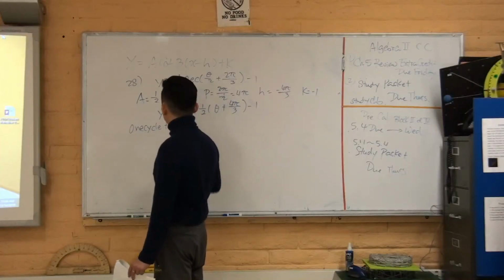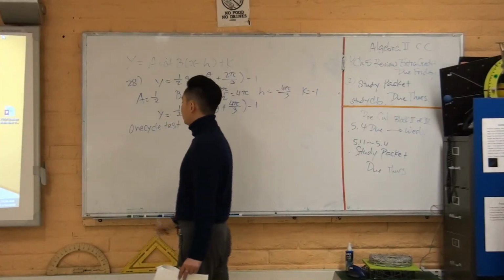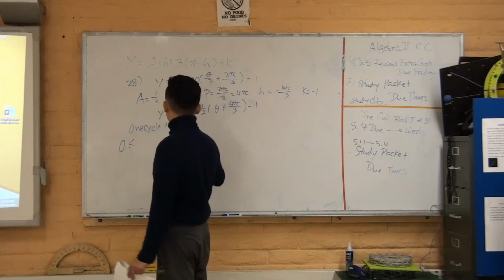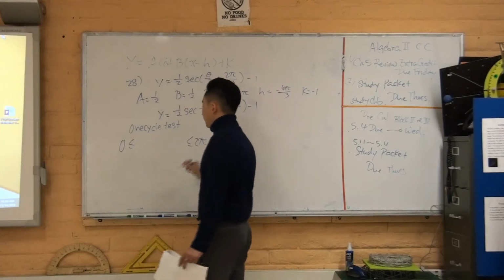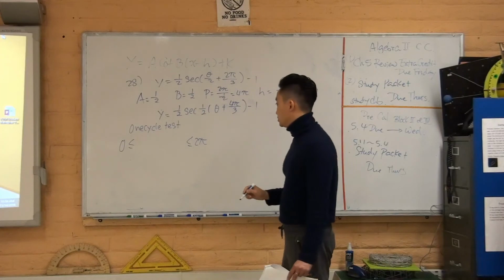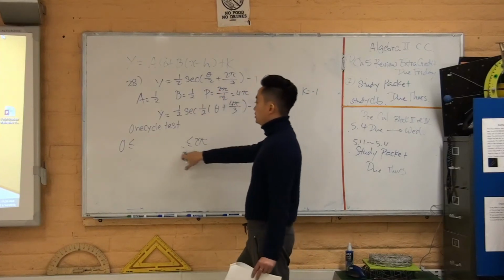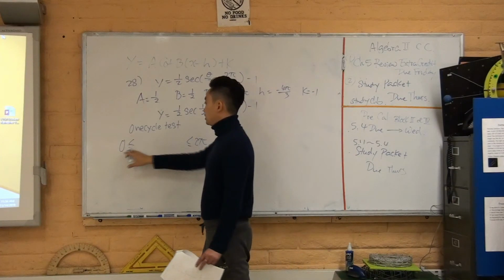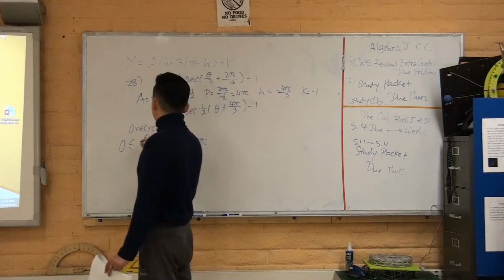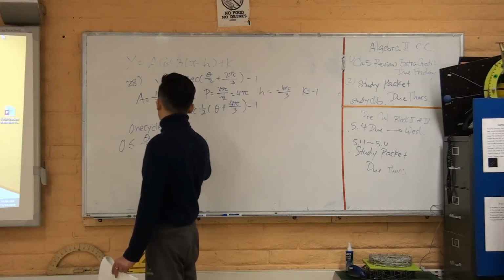For the one cycle test of secant, this one goes all the way to 2 pi. Now, be careful with cosecant. It's also from 0 to 2 pi, but 0 is not included because of the vertical asymptote. But for secant, you consider both in the quantity, theta over 2 plus 2 pi over 3.